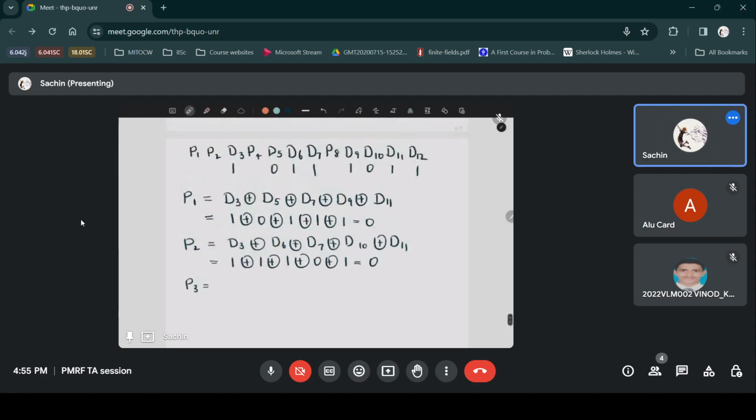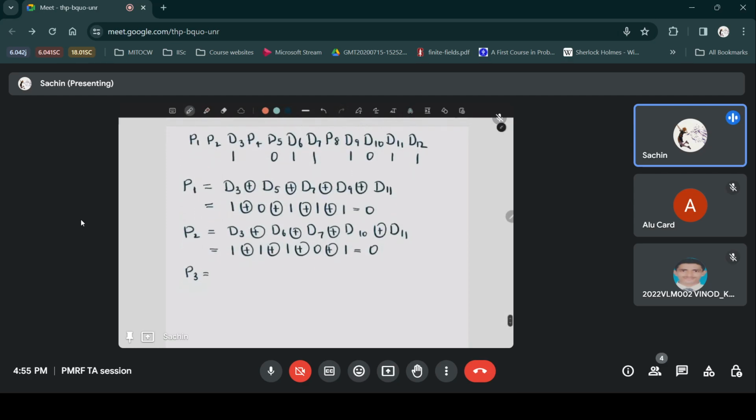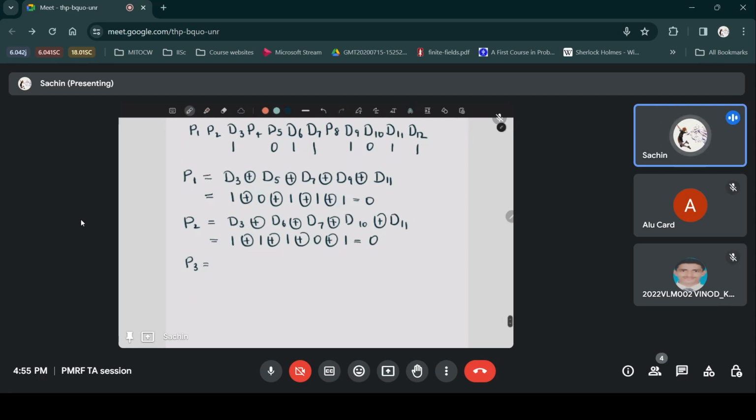P4 is all those digits where the index has a 1 in the fourth position. So that will be D5, 0101, here there's a 1. XOR D6, 6 is 0110, there's a 1 here, the fourth position.